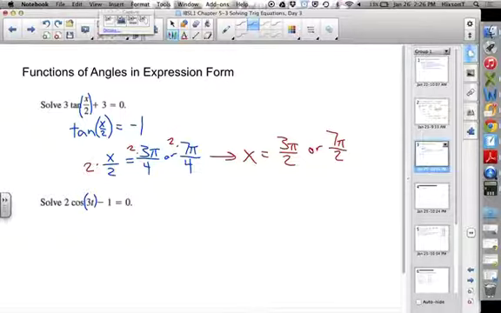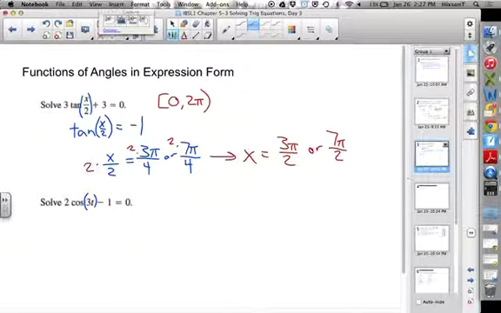Okay? Now, what you'll notice at this point, and this is where you have to be a little bit careful, if we were finding it on the interval from 0 to 2 pi, check this out. 7 pi over 2 is 3.5 pi, so that's outside of our interval.